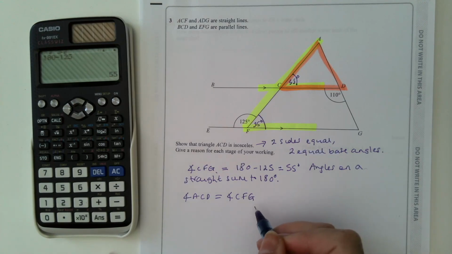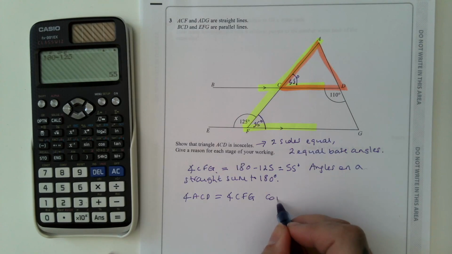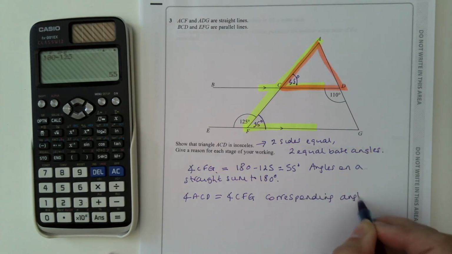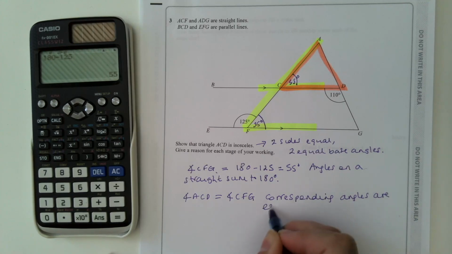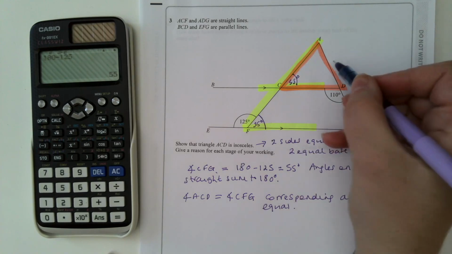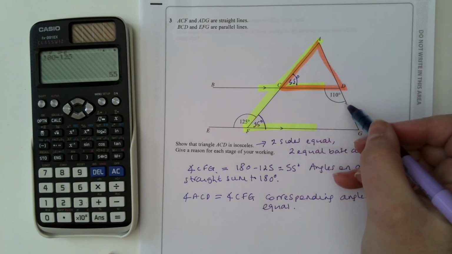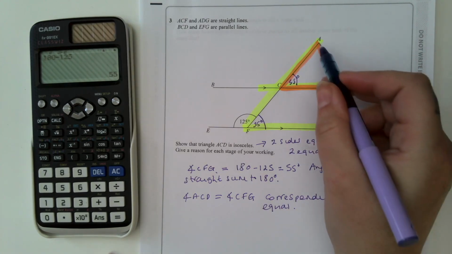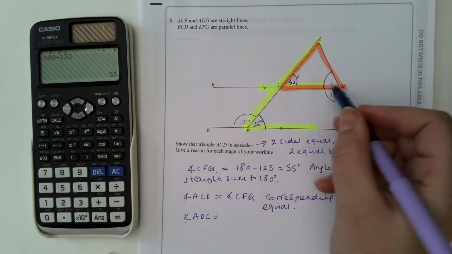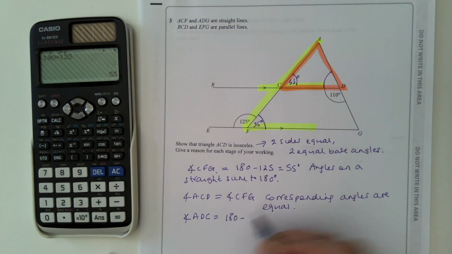And the reason for this is because corresponding angles are equal. So I'm going to write corresponding angles are equal. So I know that that's 55. Now here we have another straight line. So I can get angle ADC. So angle ADC is 180 subtract 110.